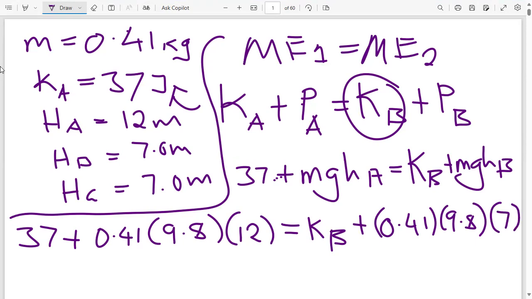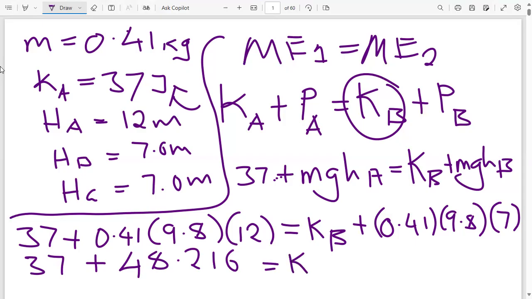Okay, so I have 37 plus, I punch those values into my calculator, I'm getting plus 48.216.